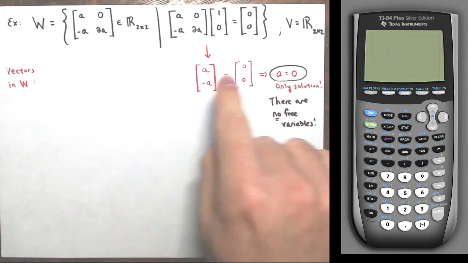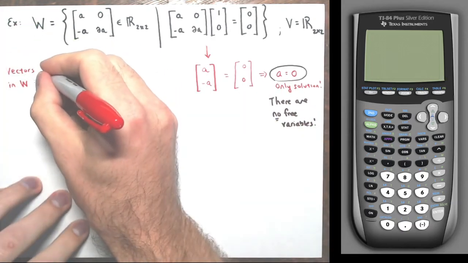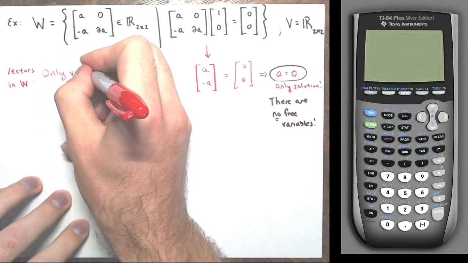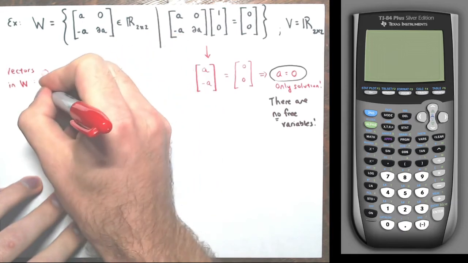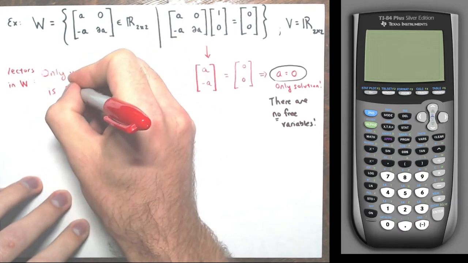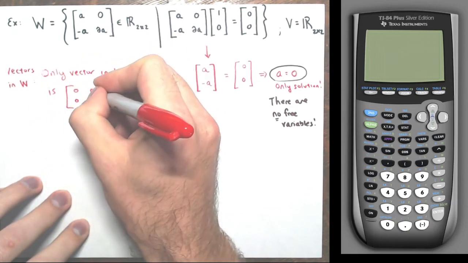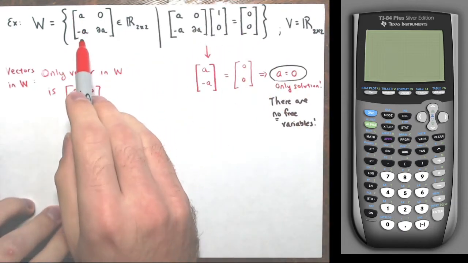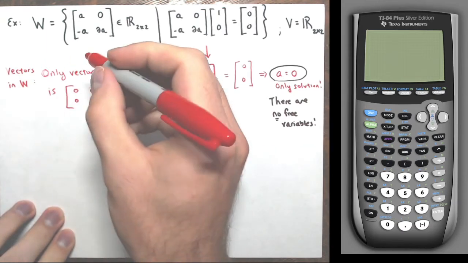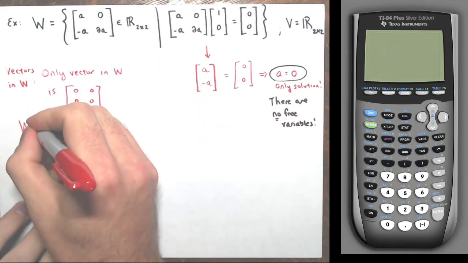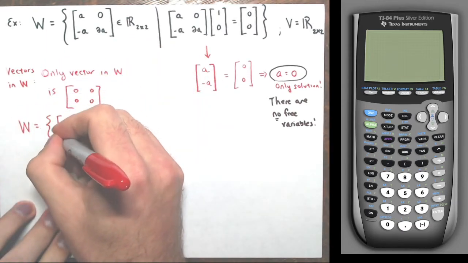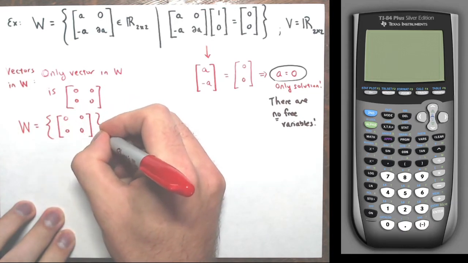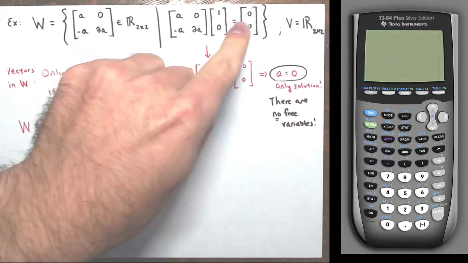Because the only vector in W is this 0 matrix, according to what I saw over here where I replace A with 0, we could also just say that W is this set. And that means exactly the same as all this.